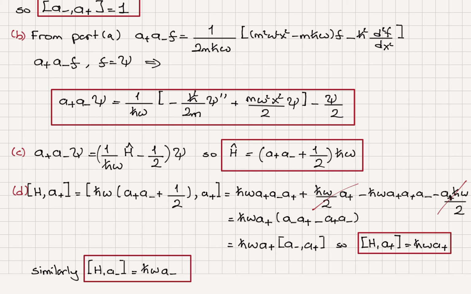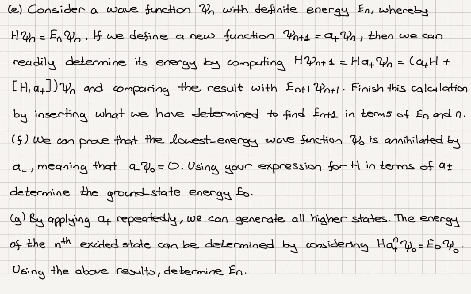Let's move on to part E of the problem. Consider a wave function psi sub n with definite energy E sub n, whereby Hamiltonian applied to psi is energy times psi.